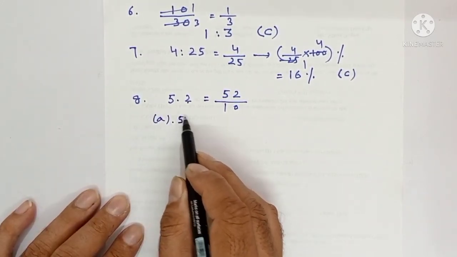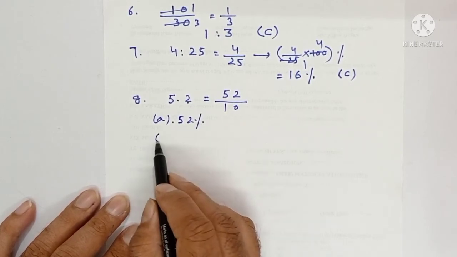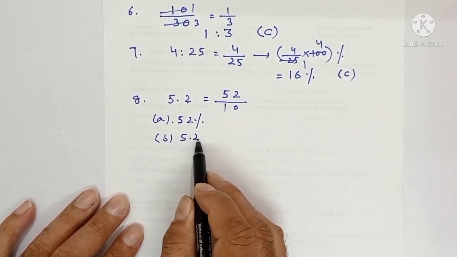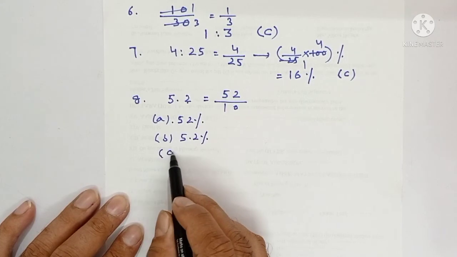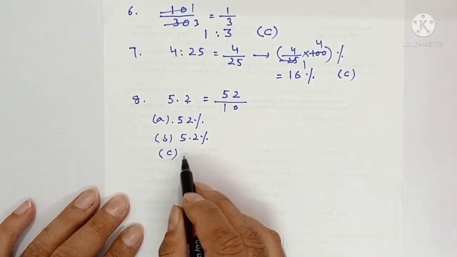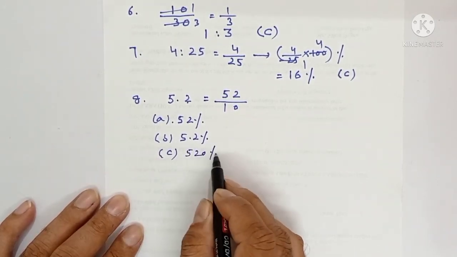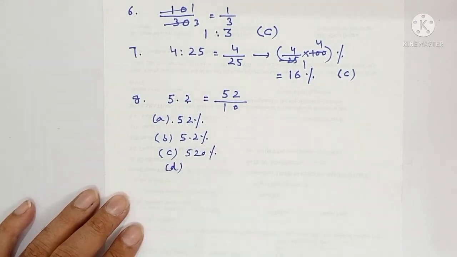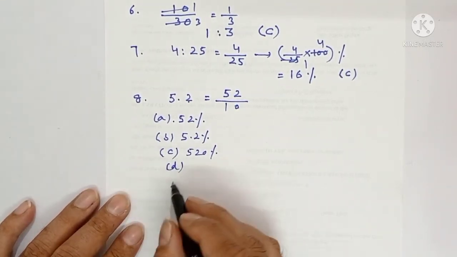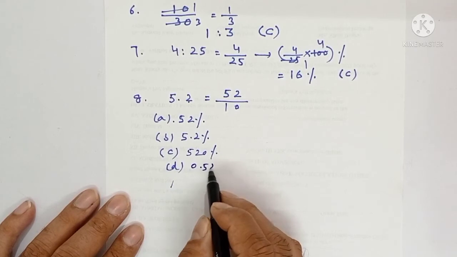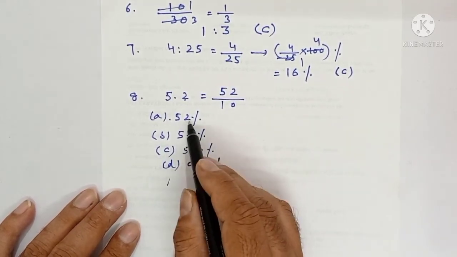A, 52%, B option is given 5.2%, C option is given 520%, and D option is given 0.52%. So let's check which option is correct.